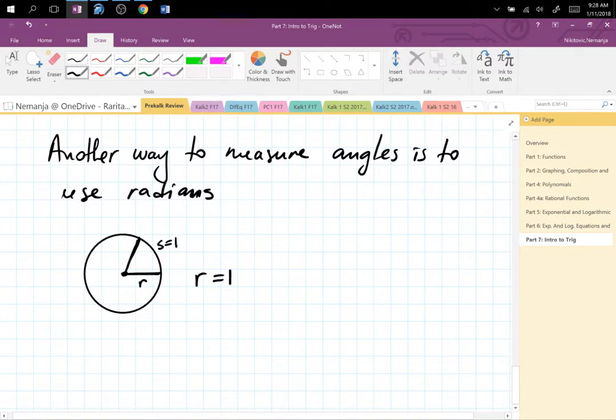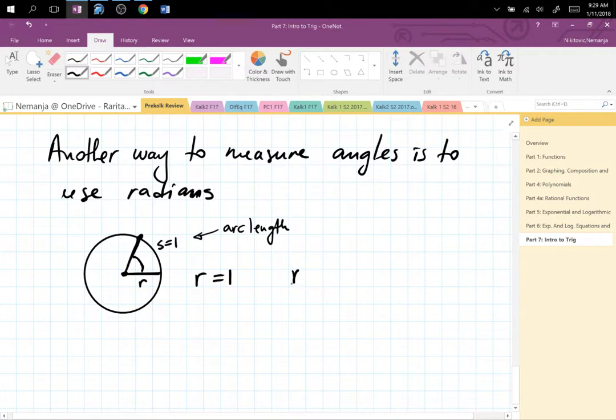So that's the arc length. I don't really care if you're doing this in inches or centimeters or meters or miles or kilometers, doesn't matter what. It just has to be 1 and 1. So when you have radius 1, and you measure 1 on the arc, this point has to fall somewhere. And this angle that you get here is then 1 radian.